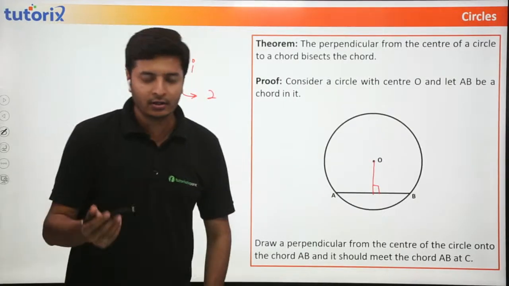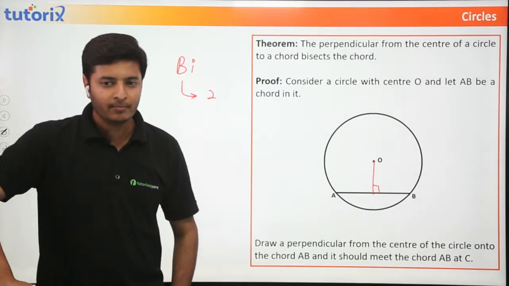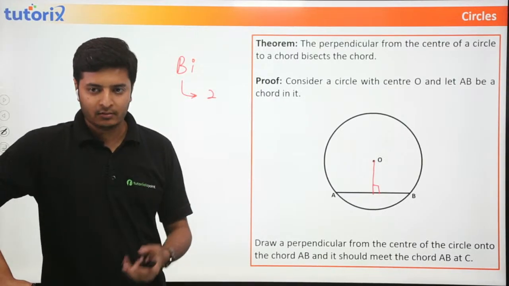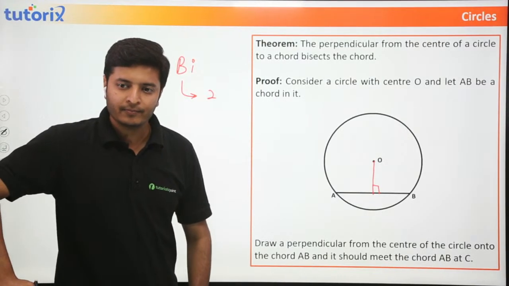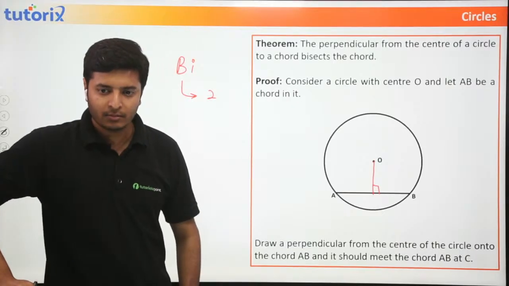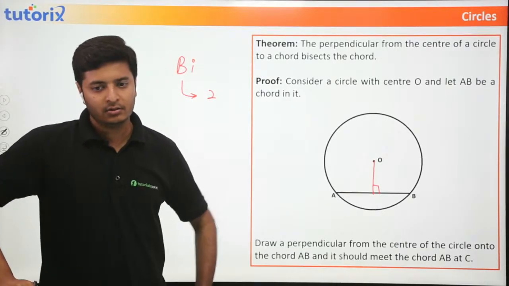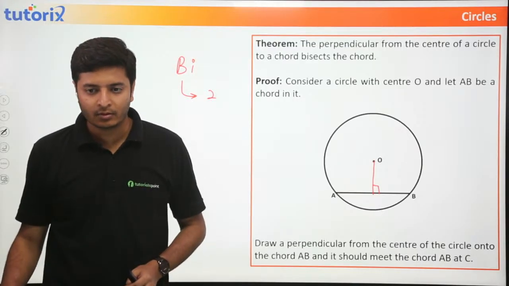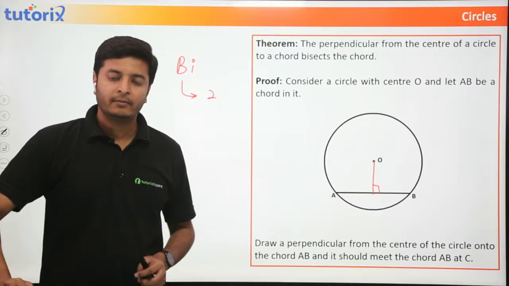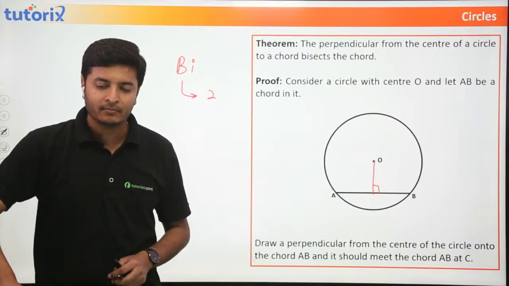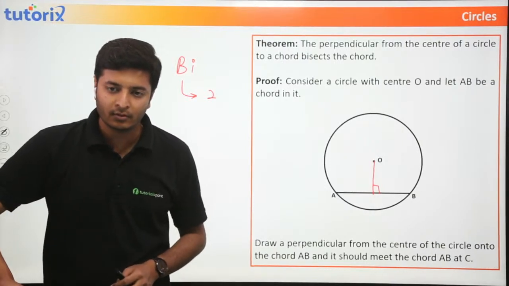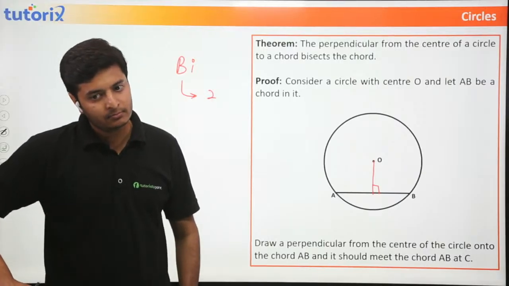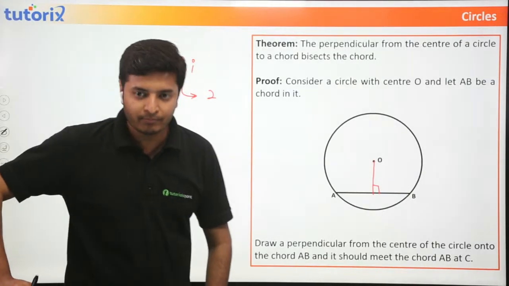Wherever you see this bi, it means two. Do we know any word which starts with bi? Bicycle. Binomial, very good. Any other example? Biology, binary.